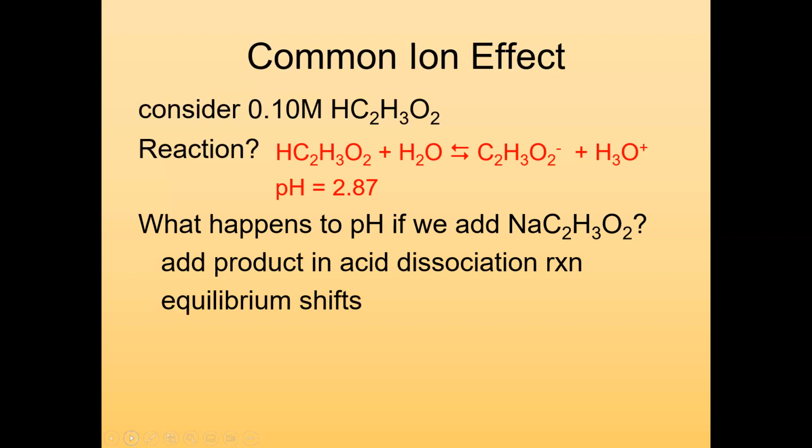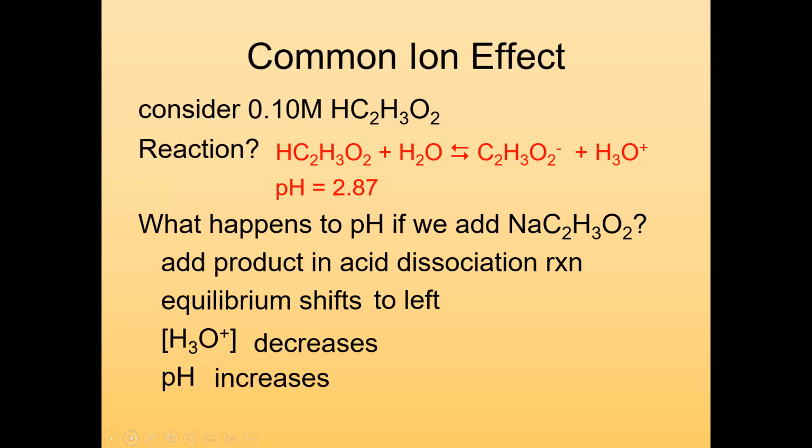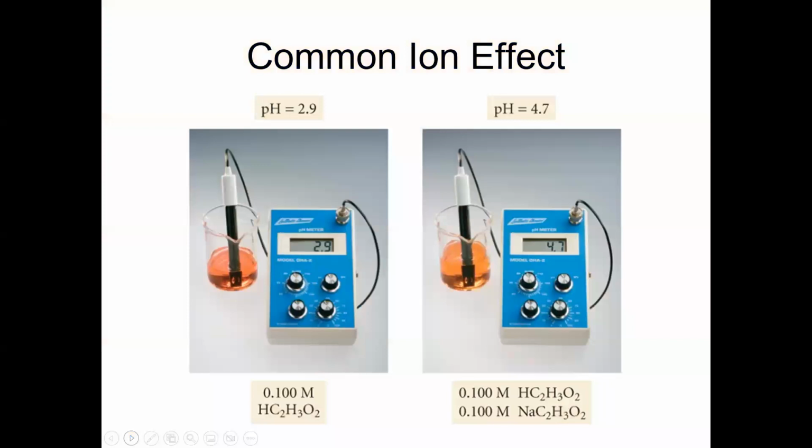Meaning that there's less products that are going to be produced, so less hydronium ions, which means that the pH would increase. If there's less of those hydronium ions, it would make it go more neutral or more basic versus more acidic. And you can kind of see that here.